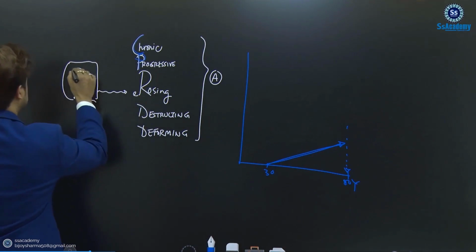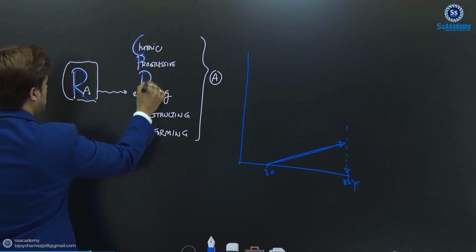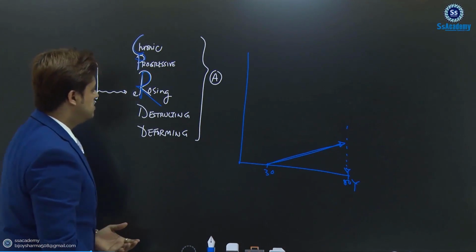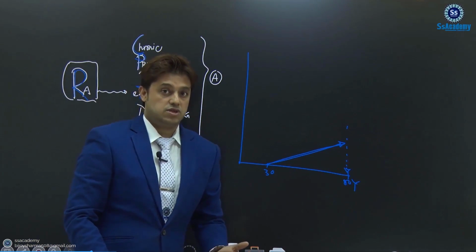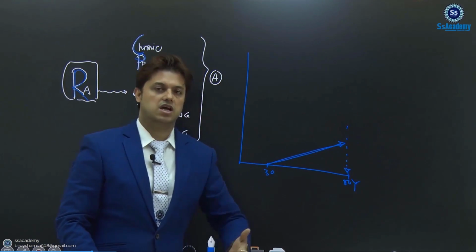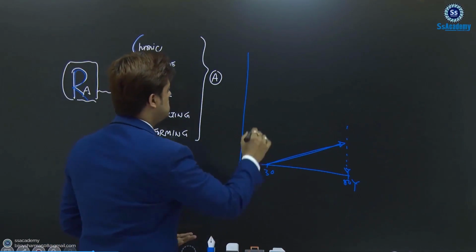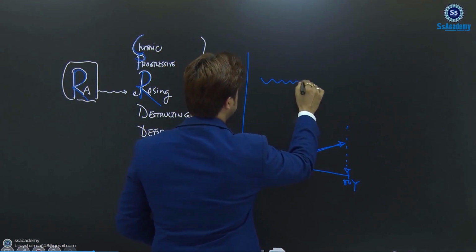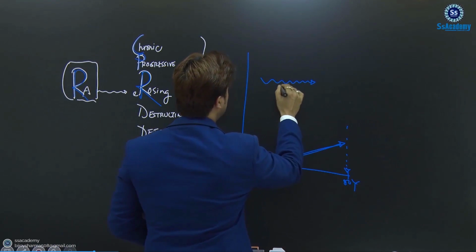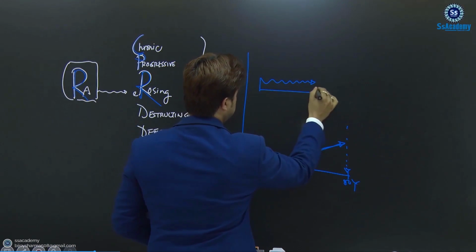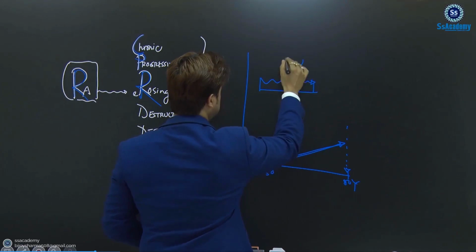And the most important word, as I said, in rheumatoid arthritis, the R is for erosing, my dear. It's an erosing disorder, so that you can remember, erosing means as the disease progresses, bone erosion will happen, my dear. So these are the erosions.